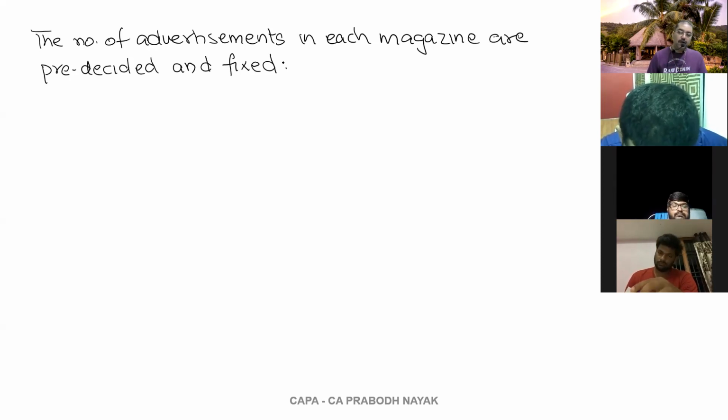So they have said that not more than 15 advertisements in magazine A. So X1 should not be more than 15. So that means less than or equal to 15.